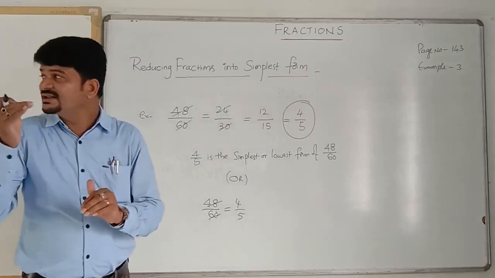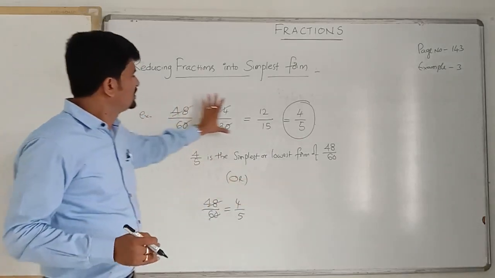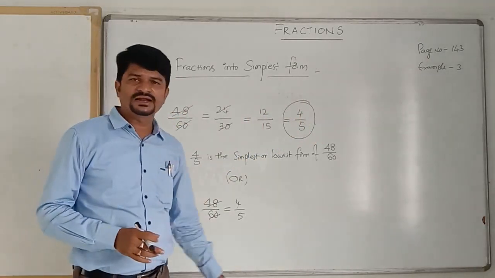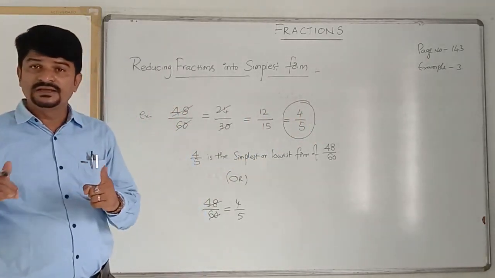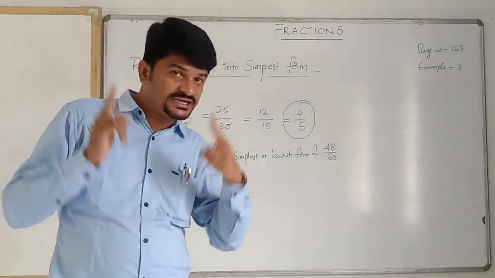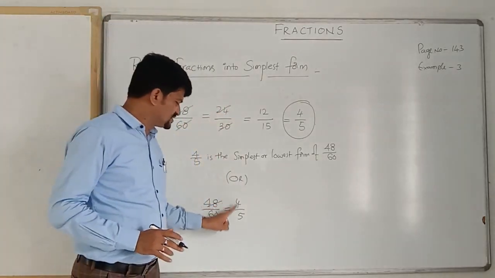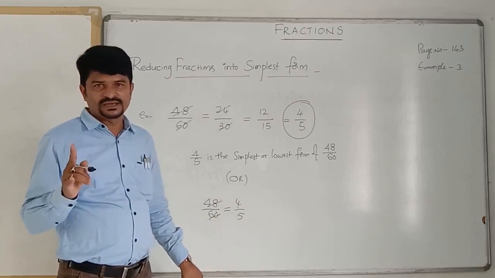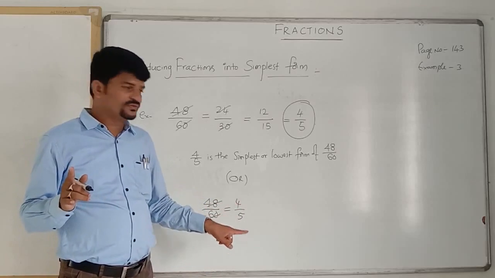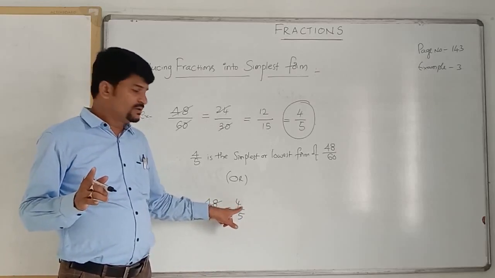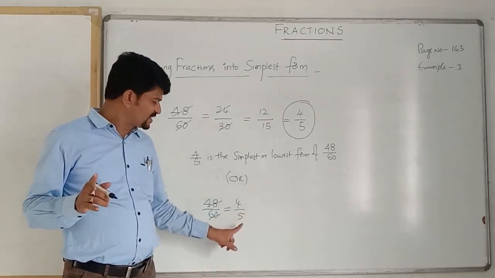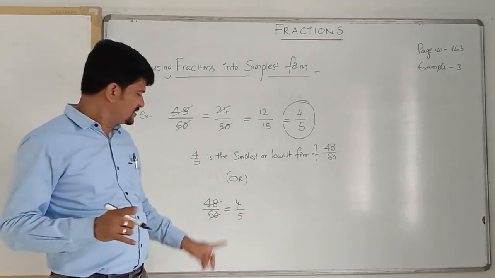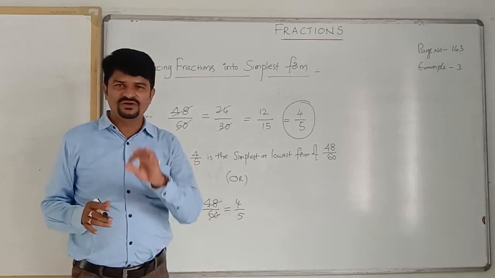But for a clear understanding, I have given that example in a lengthy simplification way. But one thing, it is said to be simplest when there is no common factor for both 4 and 5 other than 1. The factors of 4 are 1 to 4, the factors of 5 are 1, 5. There is a common factor only 1. Then this fraction is said to be in simplest form.